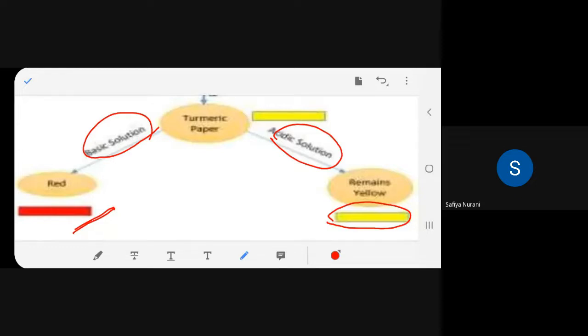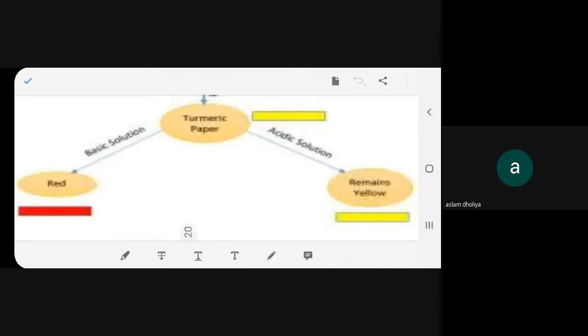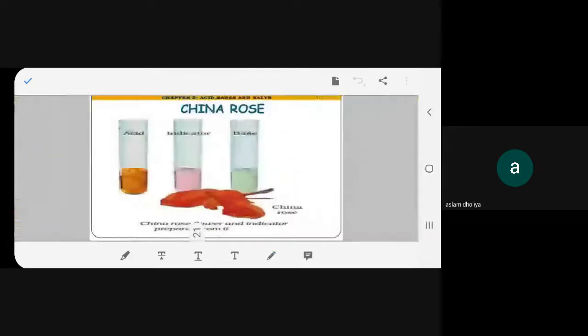And in acid, there will be no change. It will remain as such. Is this clear? Did you understand? Yes, ma'am. Okay. Now turmeric is over. Now we come to China rose.